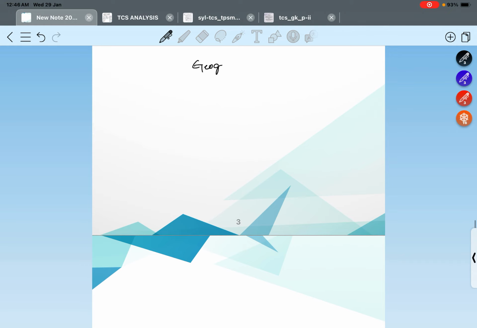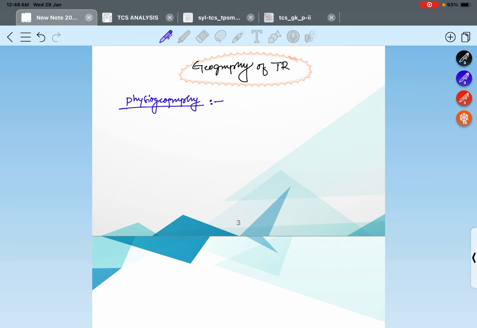Geography of Tripura. What they are asking in the syllabus is population distribution, density, growth, sex ratio, literacy, ethnic composition, everything.